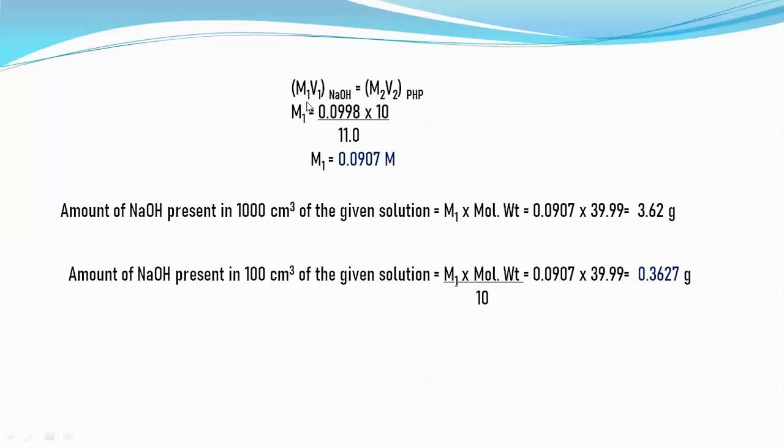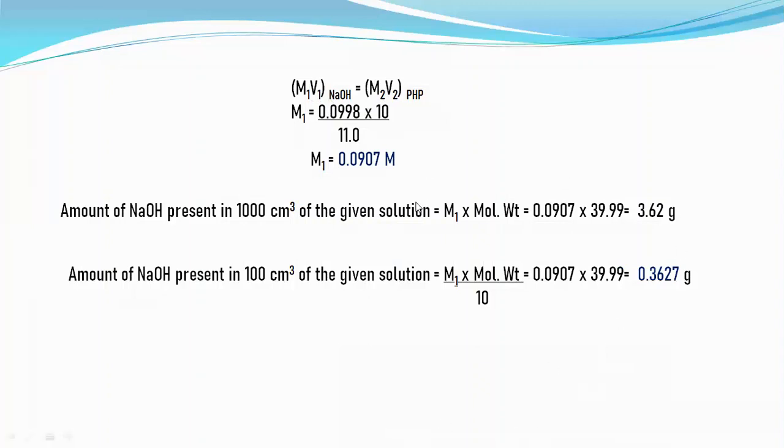M1 is the unknown. If you have to find out M1, it is M2V2 divided by V1. M2 is the molarity of PHP, which we have already calculated in the beginning when we prepared the standard PHP solution.